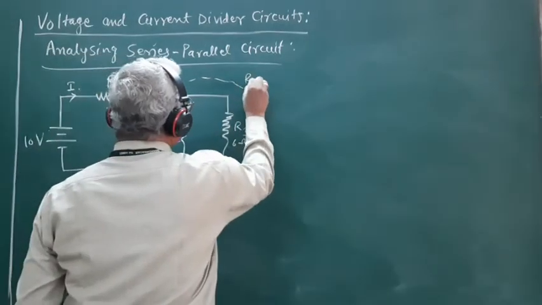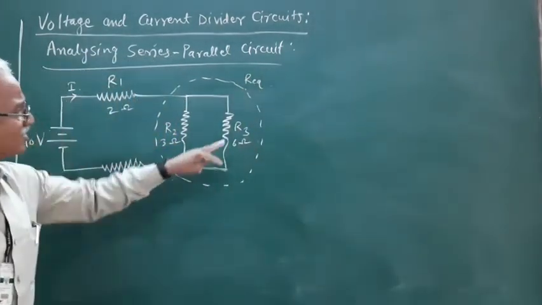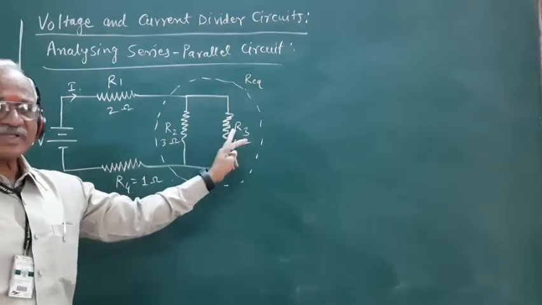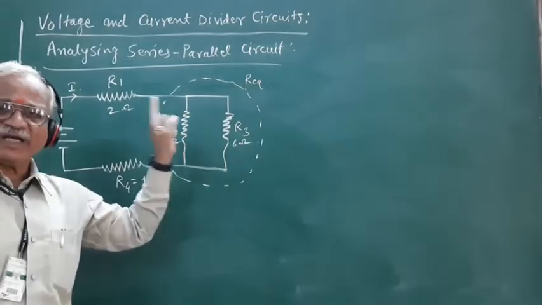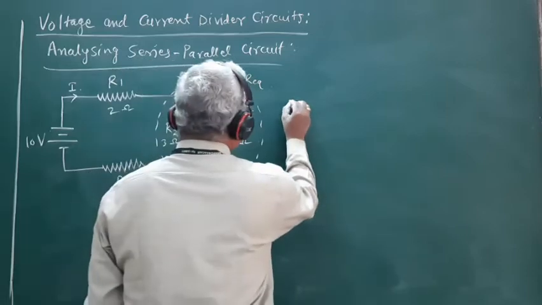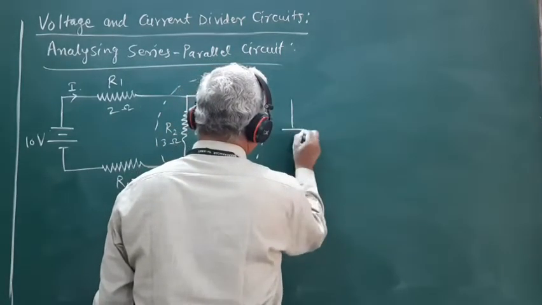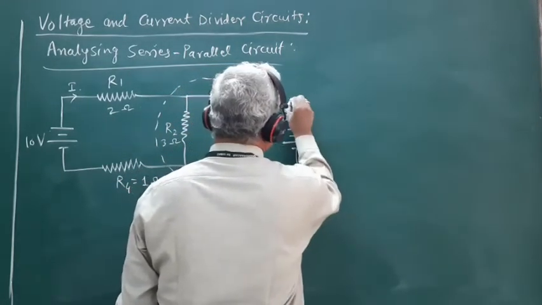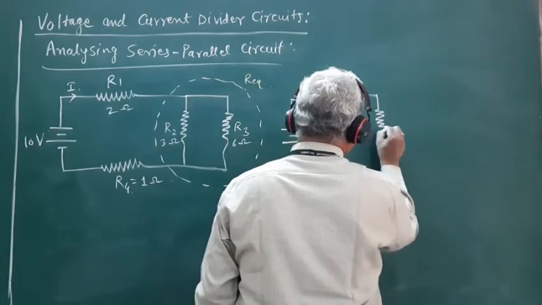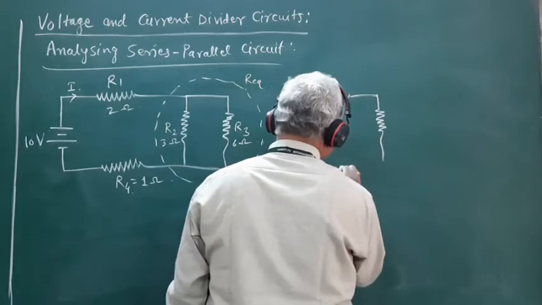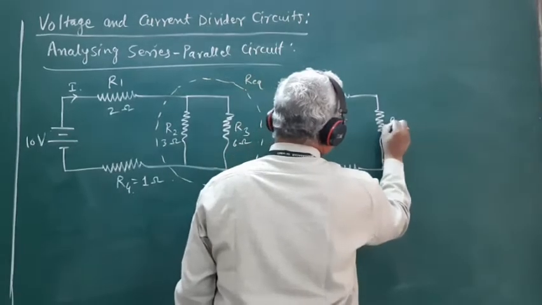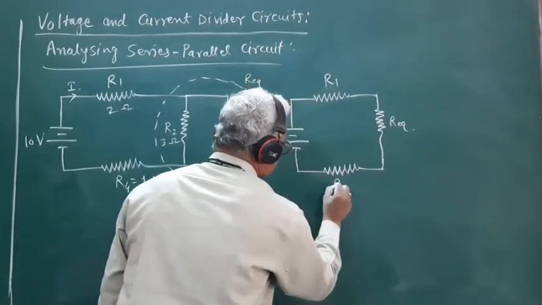If R equivalent is the equivalent resistance of this parallel combination, then these two resistors can be replaced by a single resistance R equivalent, so that this circuit will take the form like this. This is R1, this is R equivalent, and this is R4.